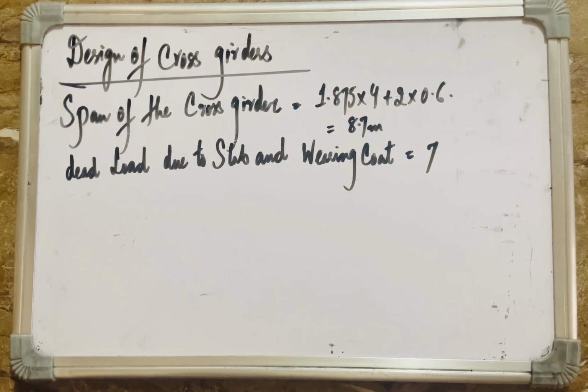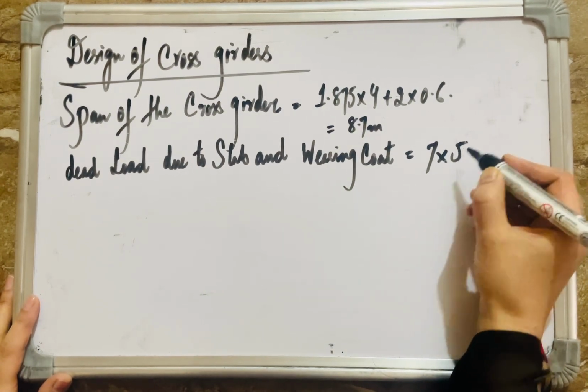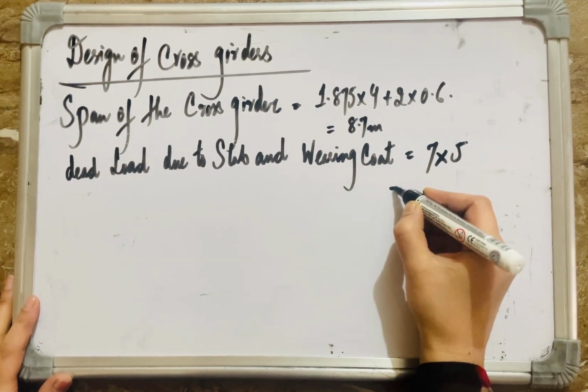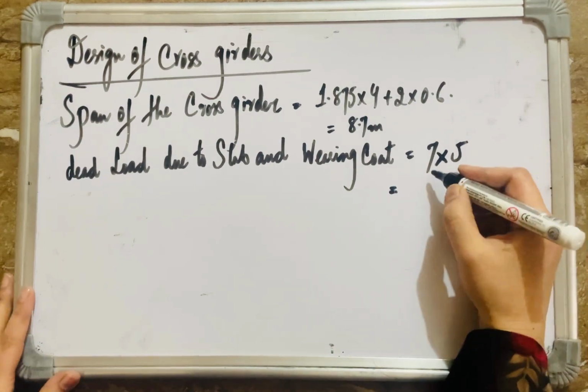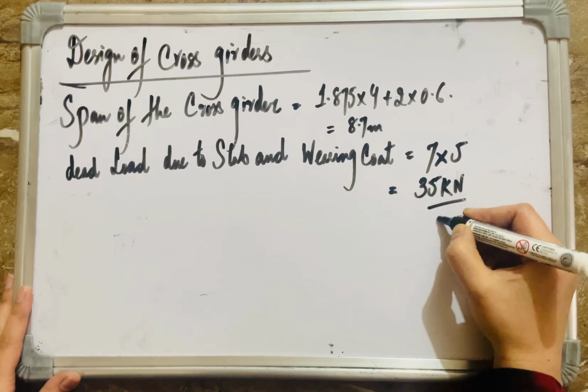It is 7 kilonewton per meter square. We have already calculated it. Now dead load due to slab and the wearing coat on my cross girders is 7 multiplied by 5. So it is 35 kilonewton per meter.